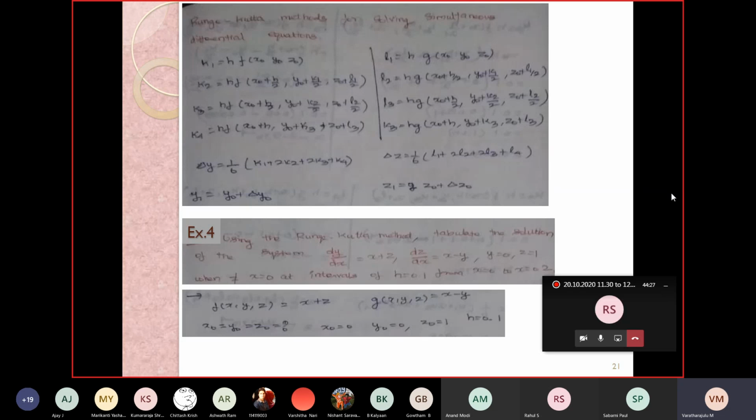This is our f of x, y, z, and g of x, y, z is equal to x minus y.